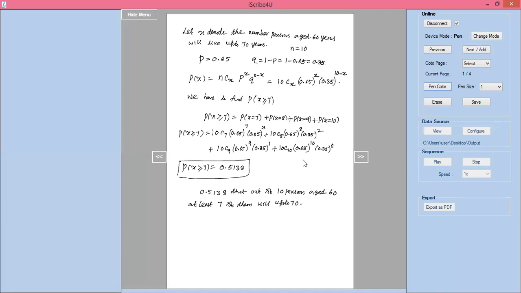So this is the solution for the given problem. Next problem I am going to simplify the same way.